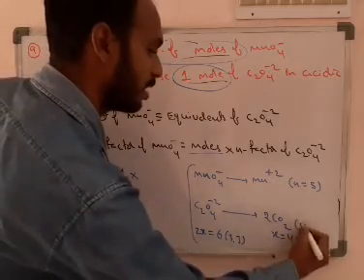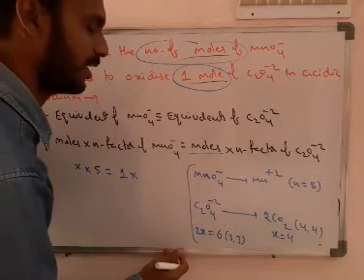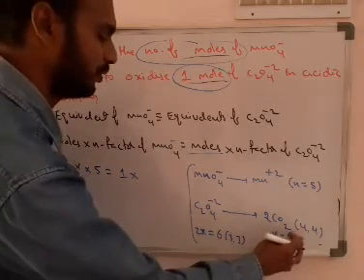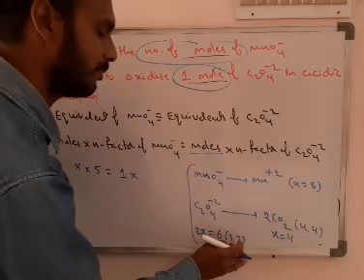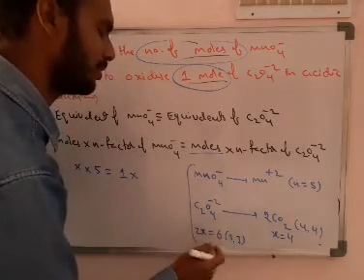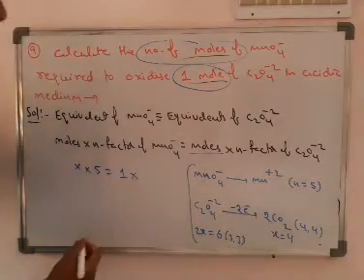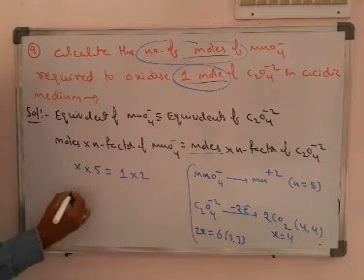Here the 2 carbons have oxidation number 4 comma 4. What is the change in the number of electrons? 3 becomes 4 for one carbon, and the second carbon also goes from 3 to 4. Both carbons are oxidized, so 2 electrons are lost. So the n factor is equal to 2.